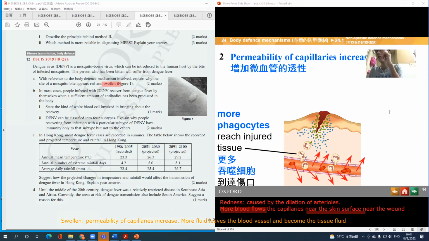Tissue fluid means the fluid around the tissue. Tissue fluid is somewhere around here.